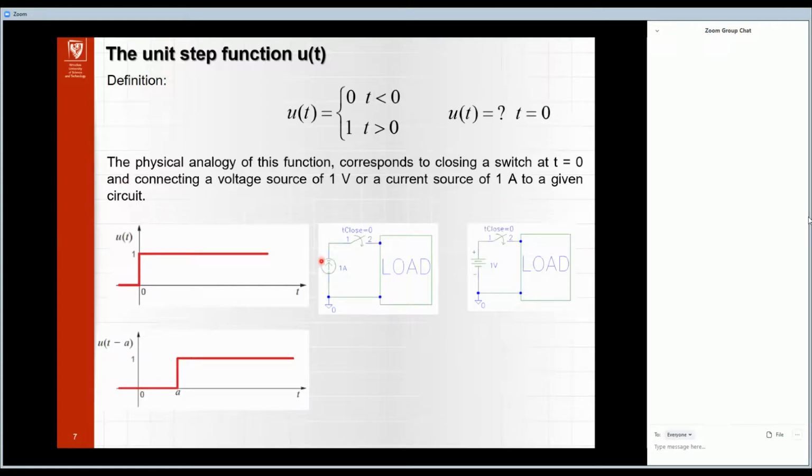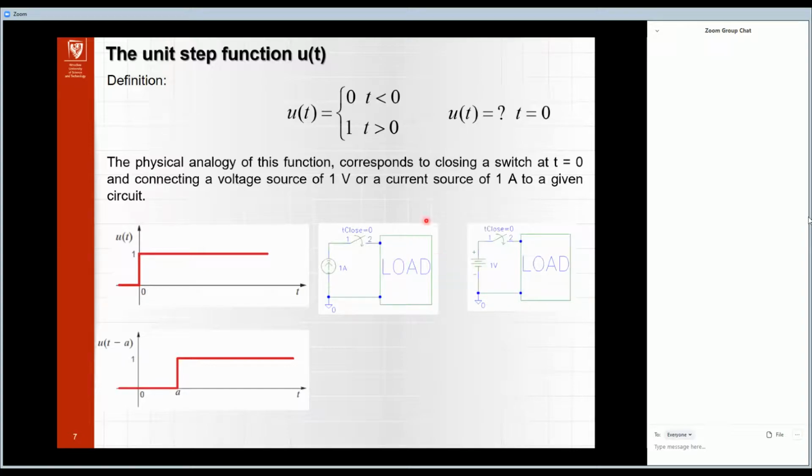For example, I put here two circuits, and this is, for example, a load. You can imagine, for example, a bulb on the ceiling, and we close the switch, and now we connect at time equals 0 the voltage source or current source to the load, to the circuit.